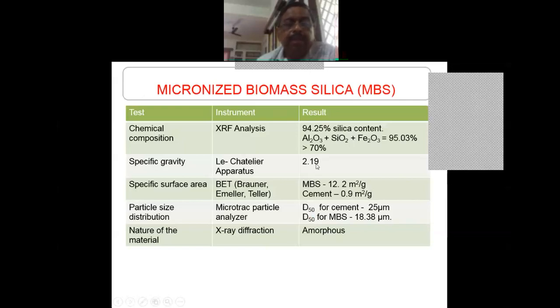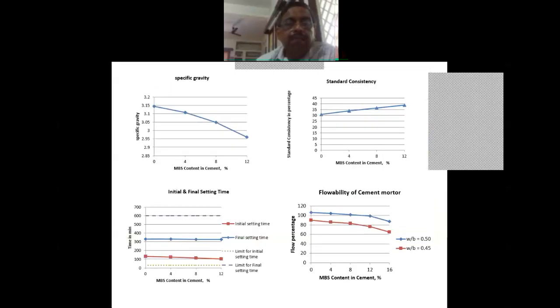So when we are replacing the cement, we have to be very careful, because when we are replacing with 4% biomass silica, the specific gravity of the cement paste will come down to 3.1, and if you are going to a higher value like 12%, then it will come down to around 2.95.